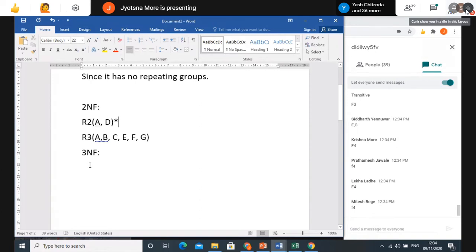R3 is in 2NF but not in 3NF because of functional dependency F4.